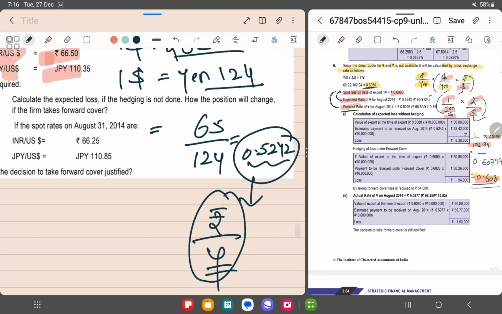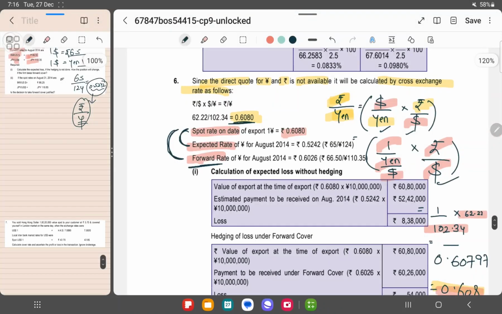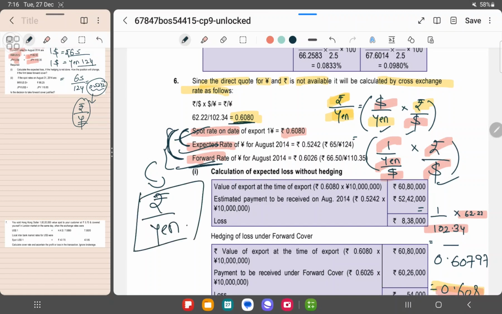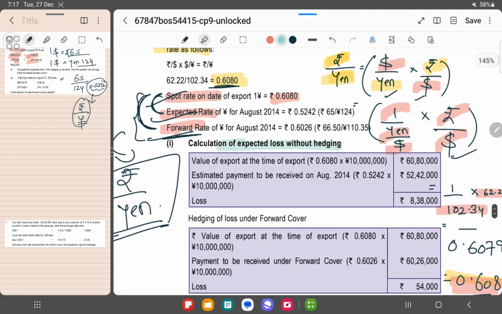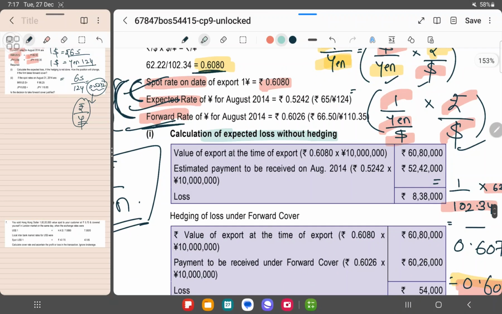Okay, now we come to the solution. See, spot, expected and forward, all three of them in the quote rupee upon yen we've calculated. Now we can compare them and get the difference. So if we calculate the loss without hedging, the value of export at the time of export, that is the spot.